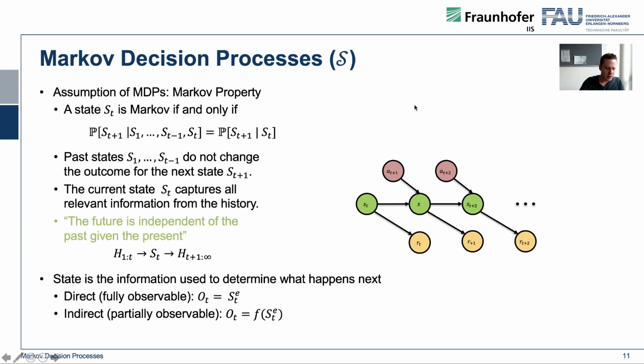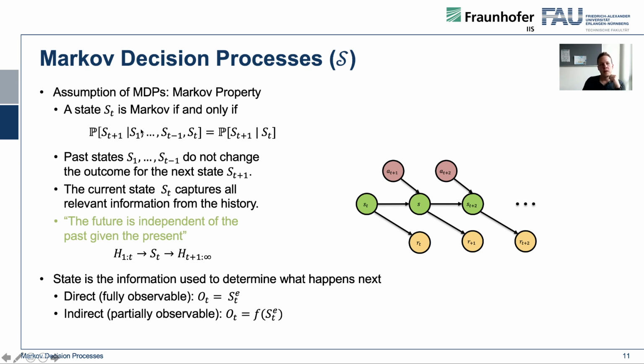This leads us actually to the Markov property. So we talked about Markov processes and Markov reward processes, but where does the Markov come from? That's the actual question. And the basic assumption of the Markov property is that a state S_t is Markovian if and only if it satisfies the following property.